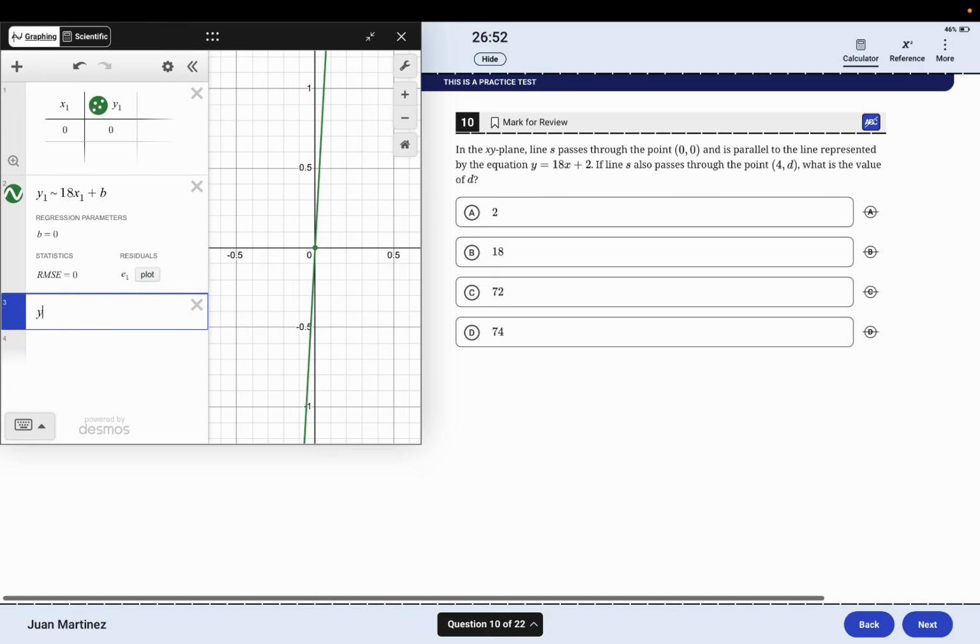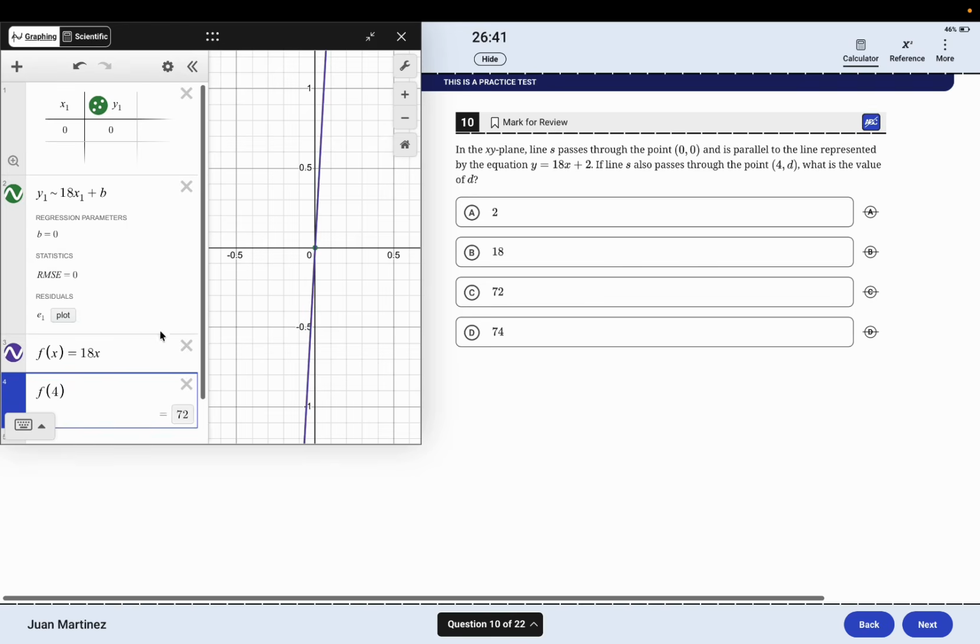So our actual equation here is y equals 18x, or I should make it into this format actually, 18x. And now we can say, what is our y value at 4, because that's what it's asking, and it's 72. So let's see.